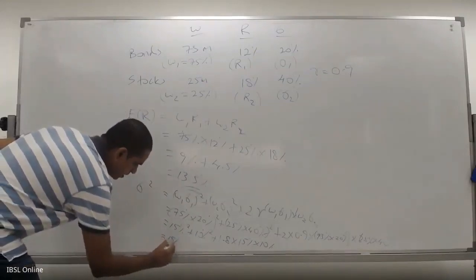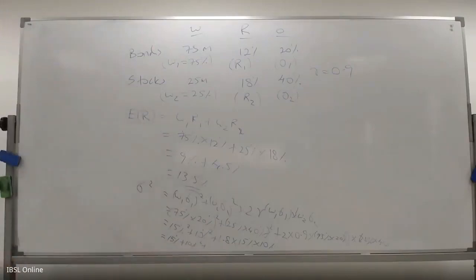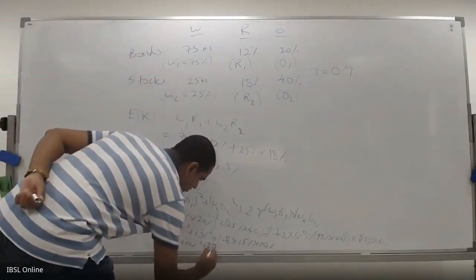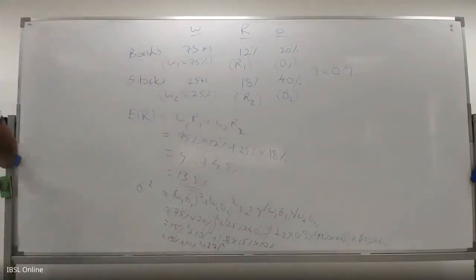That is 15% square plus 10% square plus 2.7% square. Sorry, 27% square.